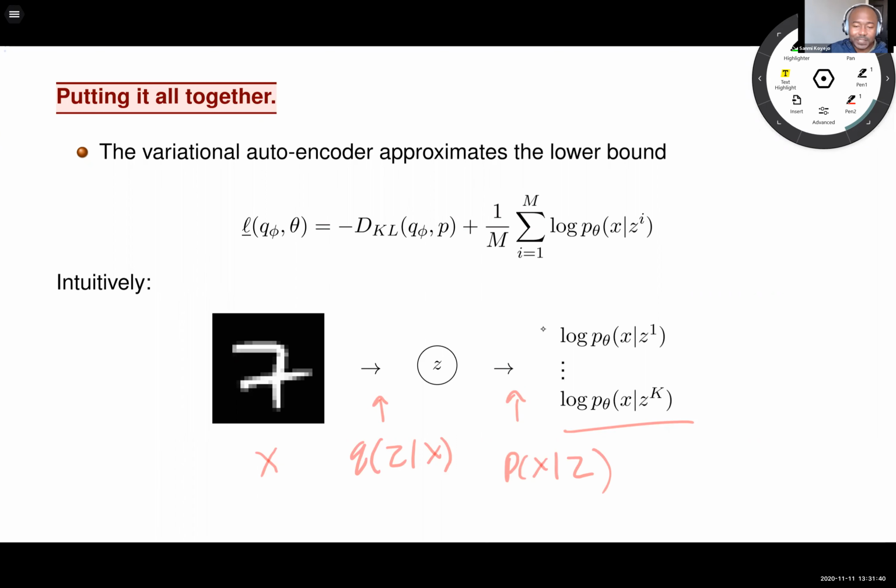So this is the computation graph that I need to solve in order to compute this lower bound. And then we're going to end up optimizing this using SGD.